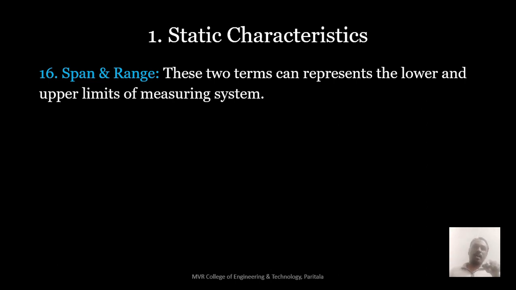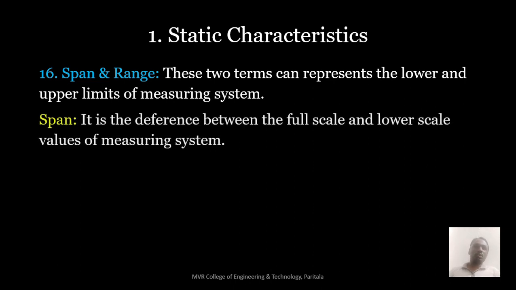So what is meant by span and what is meant by range? Span is the difference between the full scale and the lower scale value of the measuring system. Let us take a voltmeter reading from 0 to 100. Then 100 minus 0 is equal to 100. This is called the span.